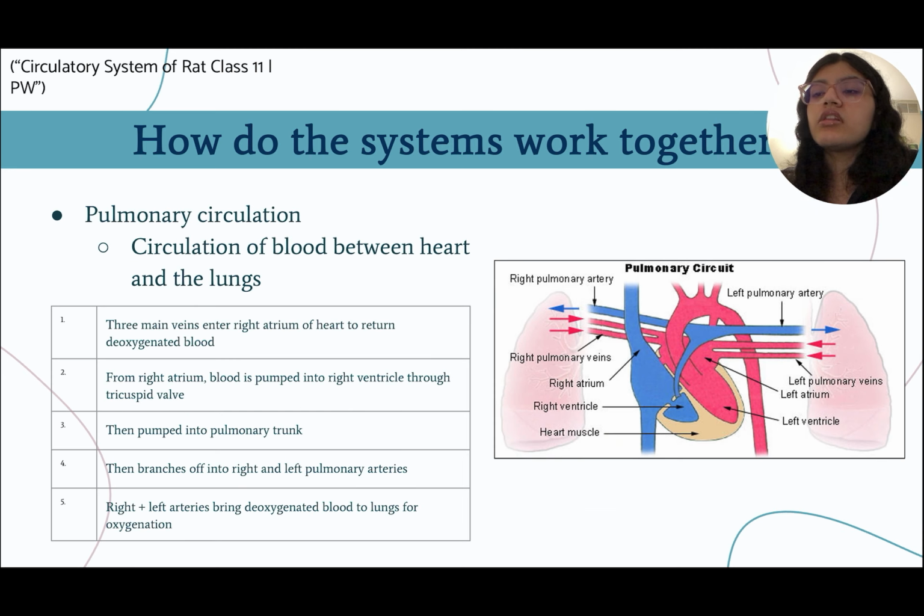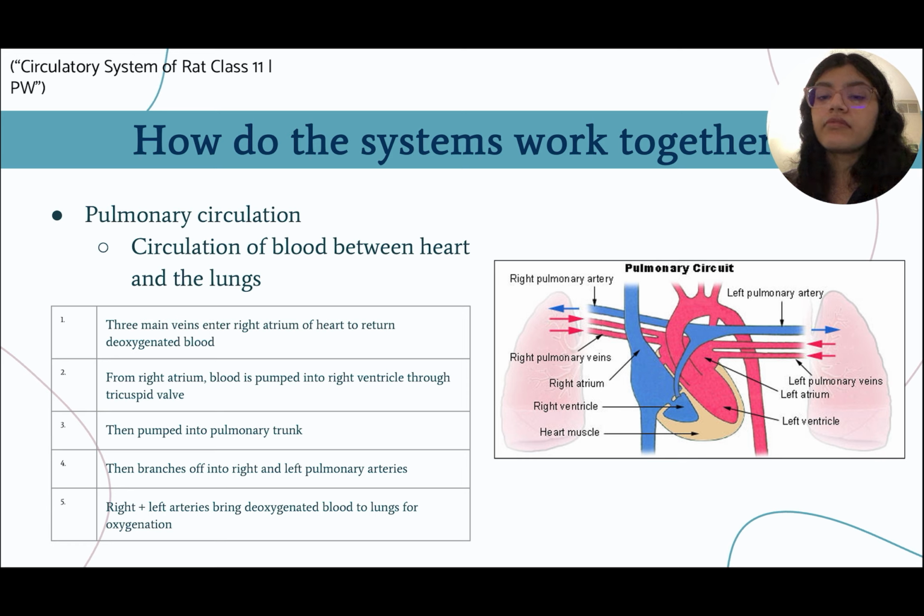So now, putting all these vessels together, we first have pulmonary circulation, which is the circulation of blood between the heart and the lungs, when deoxygenated blood is transported to the lungs to be reoxygenated. If we look at the main steps, the three vena cavas enter the right atrium to return deoxygenated blood, and from the right atrium, blood is pumped into the right ventricle through the tricuspid valve, which separates the atrium from the ventricle and prevents backflow from the ventricle to the atrium.